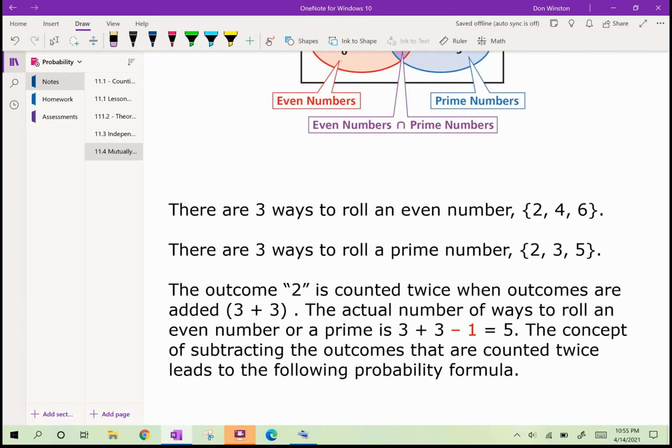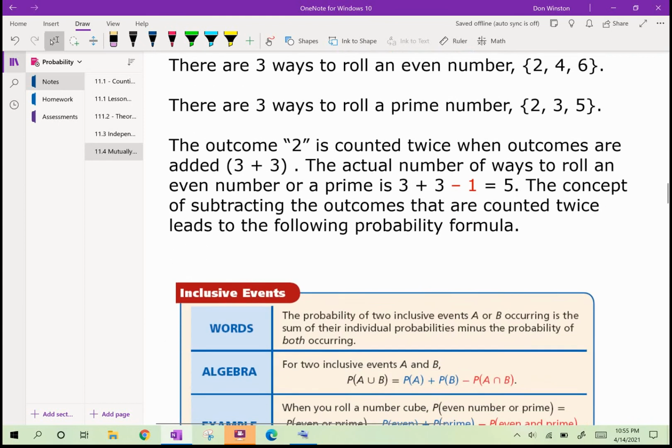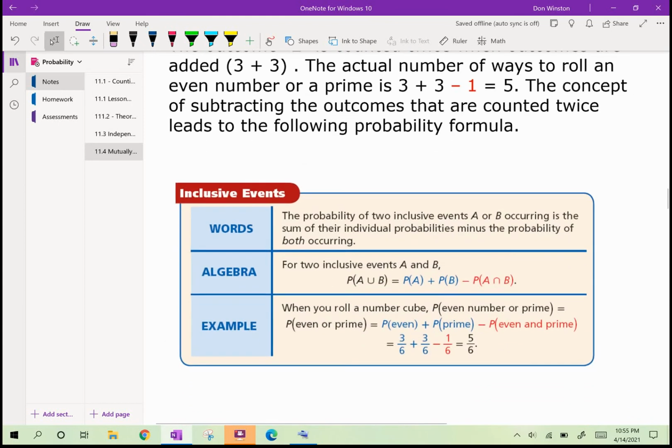So the concept of subtracting the outcomes that are counted twice leads to the following probability formula. And this is for inclusive events. The probability of 2 inclusive events, A or B, occurring is the sum of their individual probabilities minus the probability of both occurring. Okay?